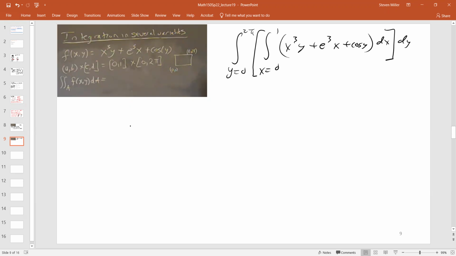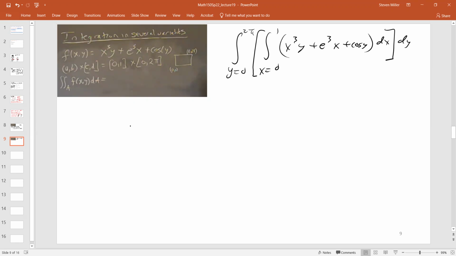So when I'm doing a double integral like this, y goes from 0 to 2 pi, x goes from 0 to 1. As I do the x integral, y is fixed, y is a constant. So I just do my integration first with respect to x, keeping y fixed. Then I'll integrate with respect to y. And that's multiple integration. Then we'll learn some techniques to handle more complicated regions.